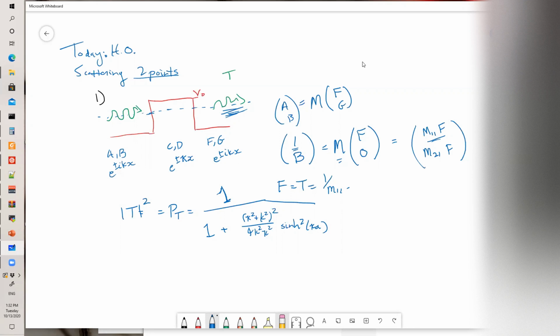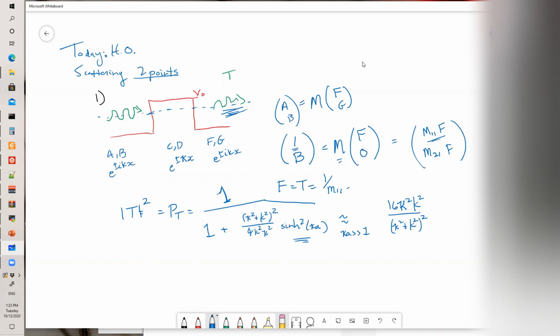This thing kind of blows up exponentially. And if kappa A is very big, then this exponential part dominates the sinh function. What you find is that this whole thing is approximately equal to 16 kappa squared k squared divided by kappa squared plus k squared, squared.